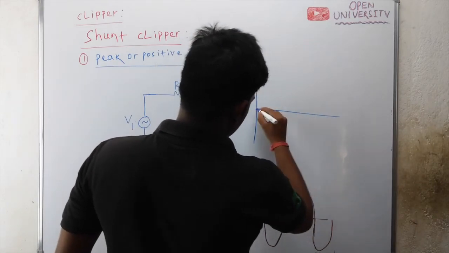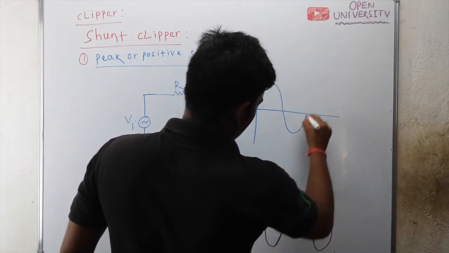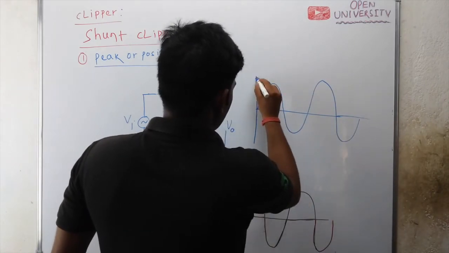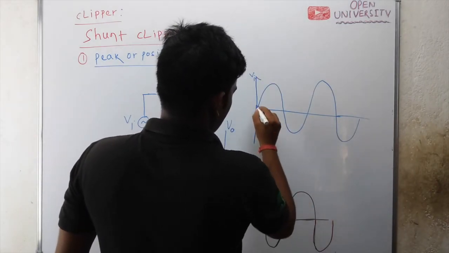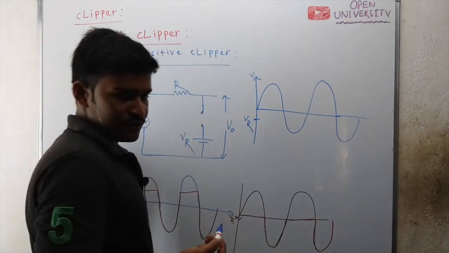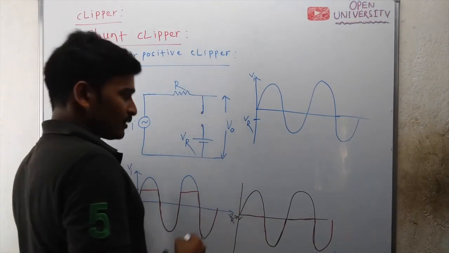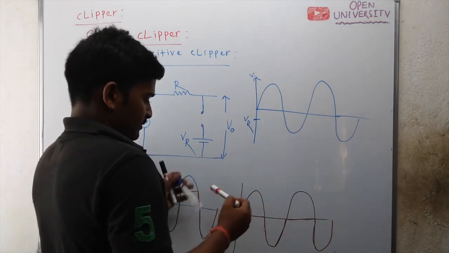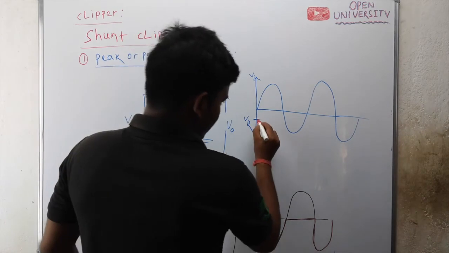This is your input voltage waveform, and let VR here be negative. VR value is some minus 2 volt or some negative value. If this is your VR, then the output waveform will be something like this.